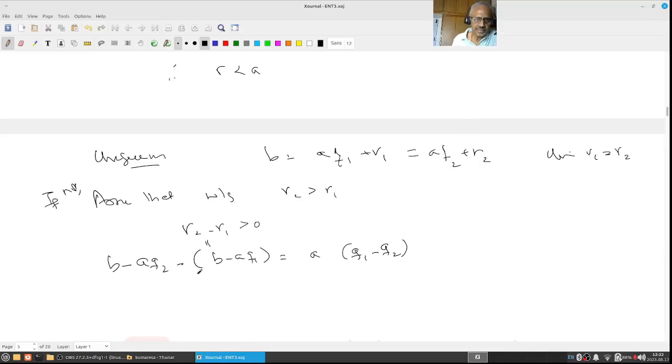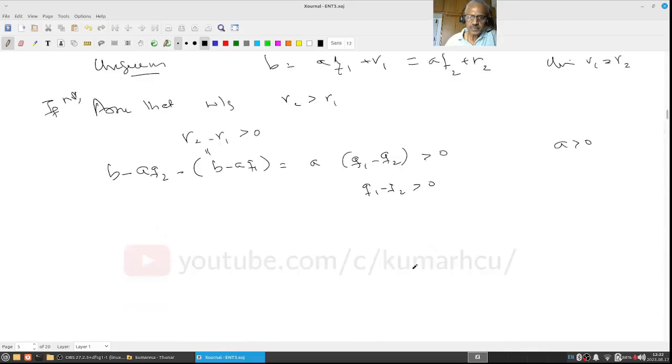This is positive. Remember, a is positive, a natural number. Therefore, q1 minus q2 is positive. Now notice that r2 minus r1 is positive. Now what is r1 minus r2? That is again of that form.